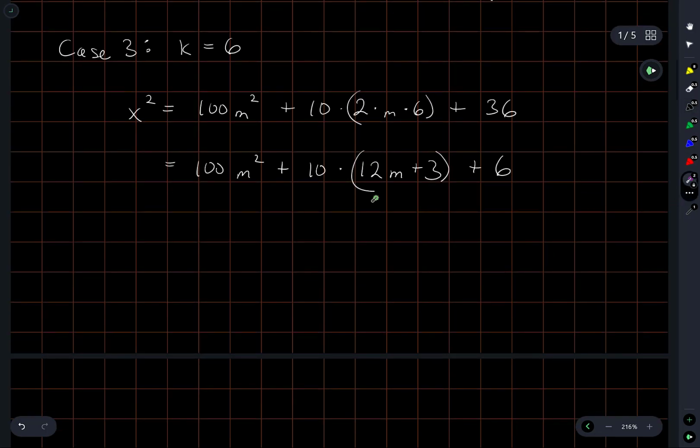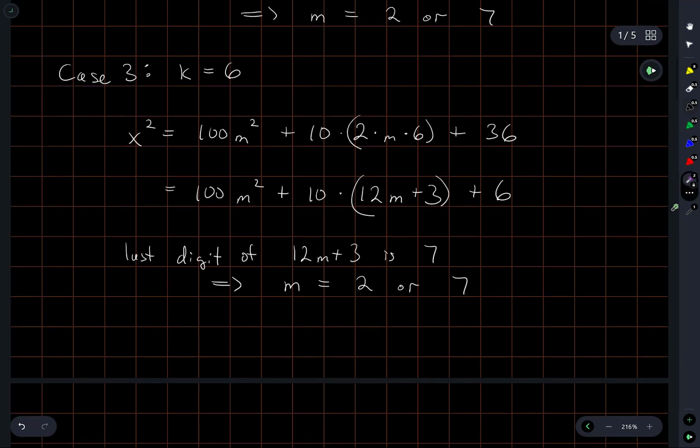And again, what I'm looking for here are values of m where the last digit of this quantity is equal to 7. And this gives us m is equal to 2 or 7. If m is equal to 2, 12 times m is 24, plus 3, and I get 27. If m is equal to 7, 12 times m is 84, and I add 3, I get 87. Okay, so the two other possibilities of our original number are 26 or 76. When I square both of those, the second last digit will be a 7.